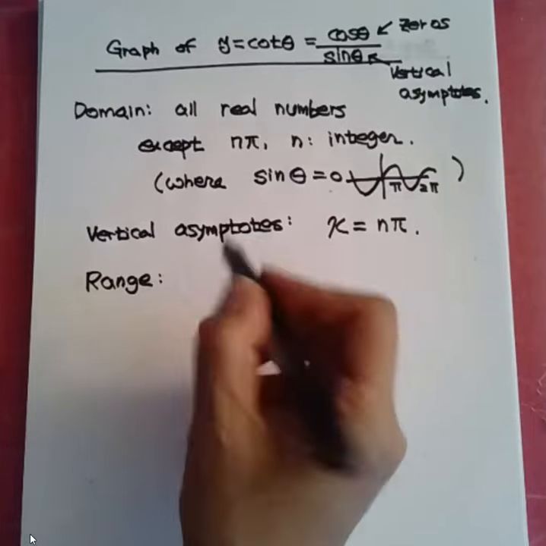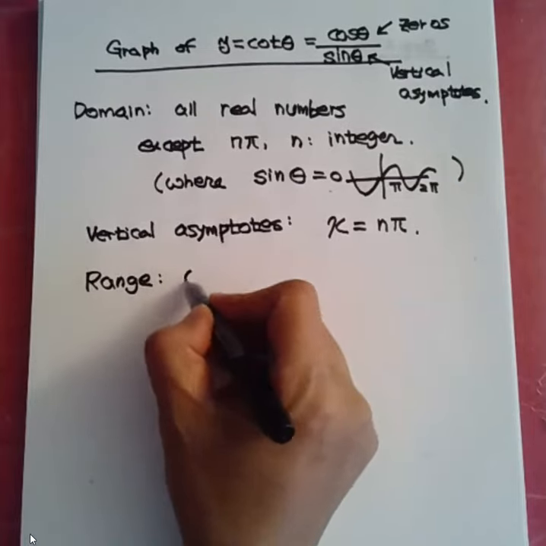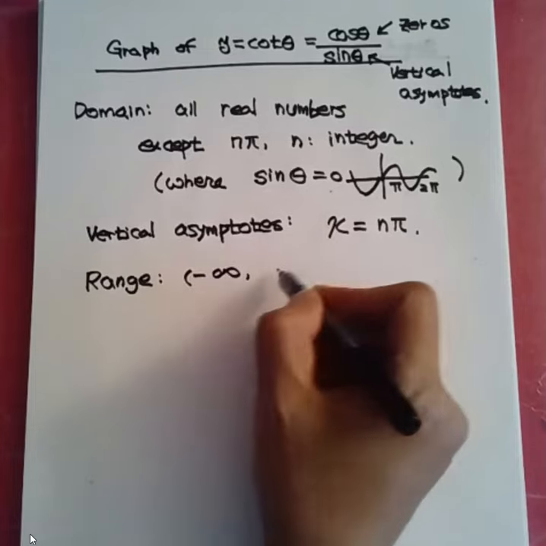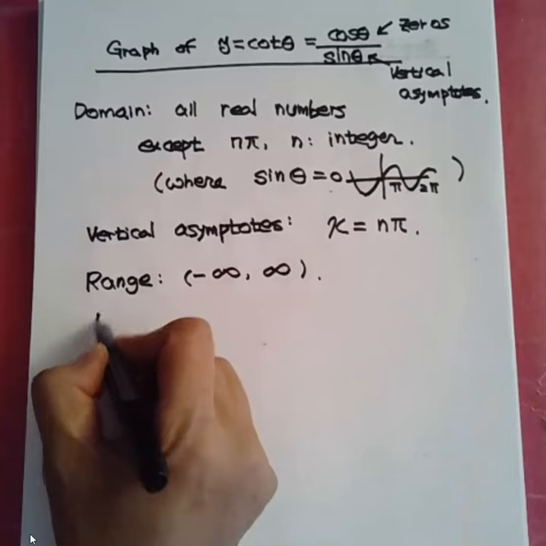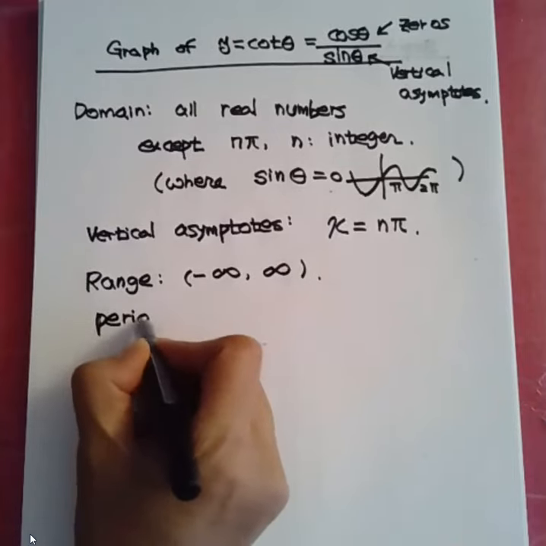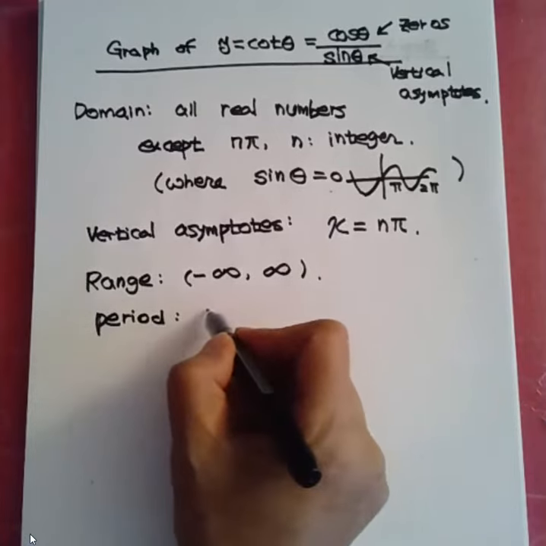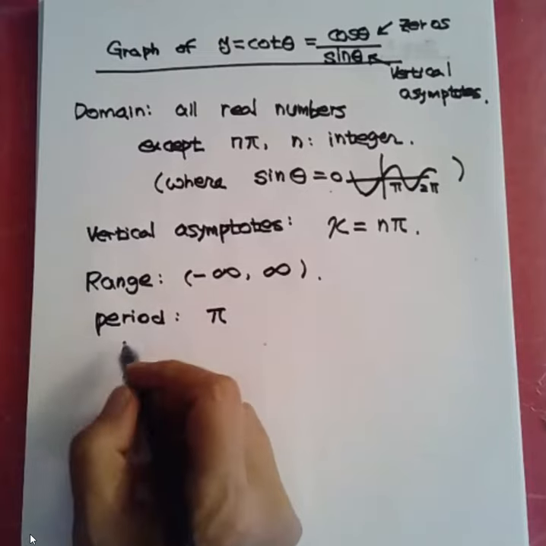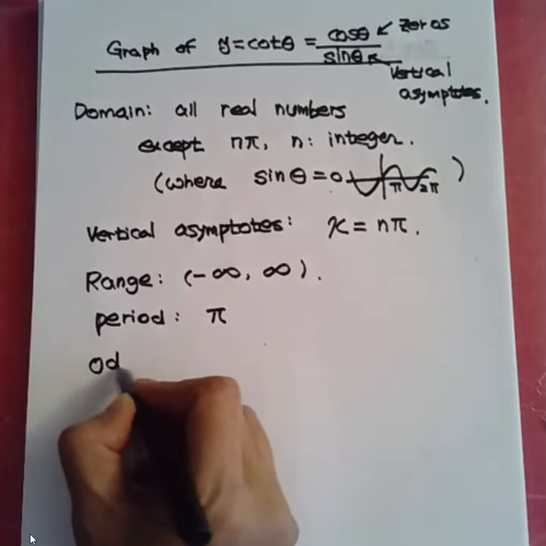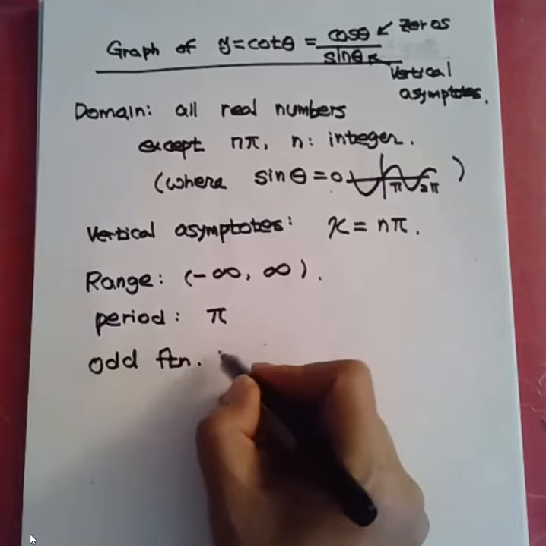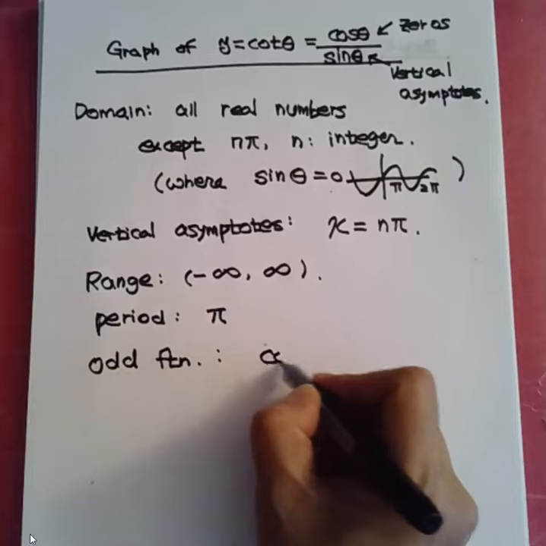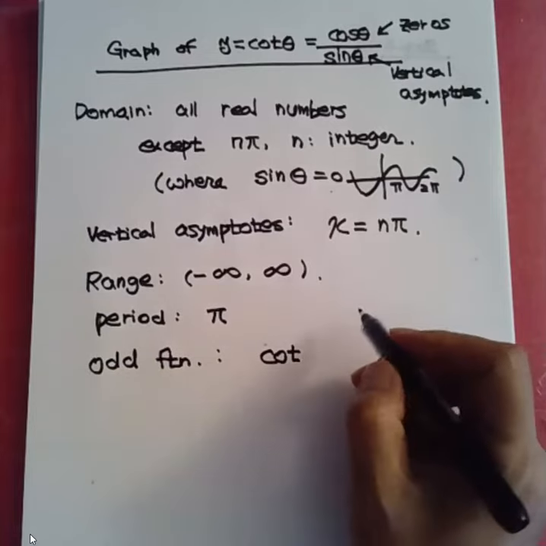With the same argument, we can conclude that the range of cotangent is from minus infinity to infinity. And period, because of the same reason, is pi. Cotangent function is also an odd function. You can write down cosine over sine.